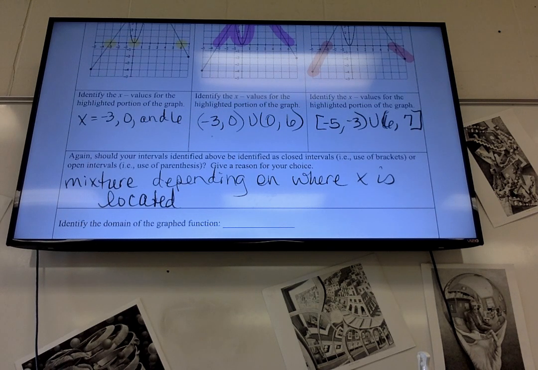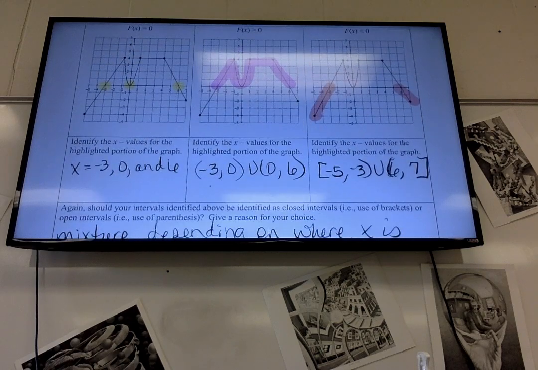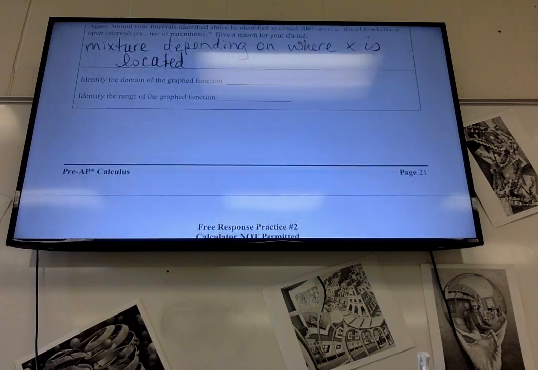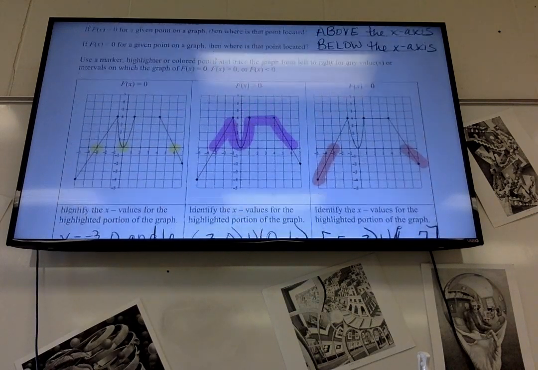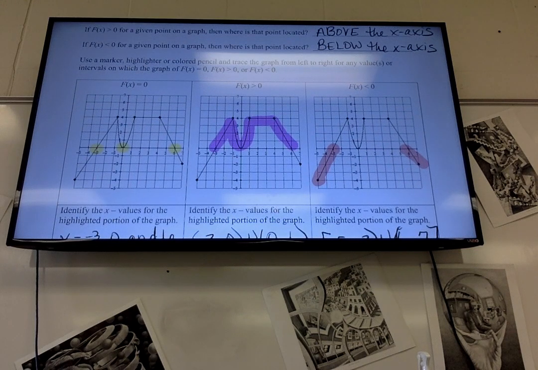Okay, look at that graph, and I want you to write down what the domain and the range is of this graph. There's a spot down here at the bottom, domain and range. Remember, domain are the x's, range the y's.